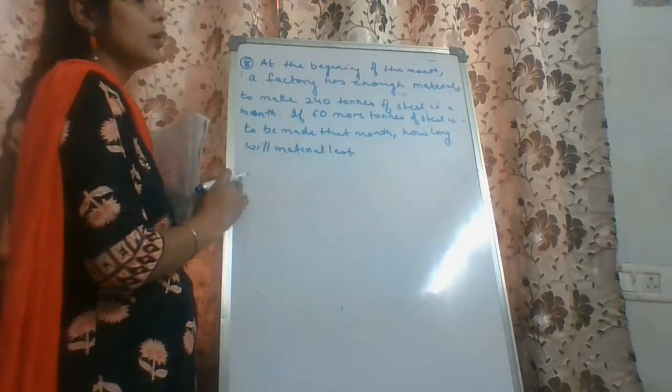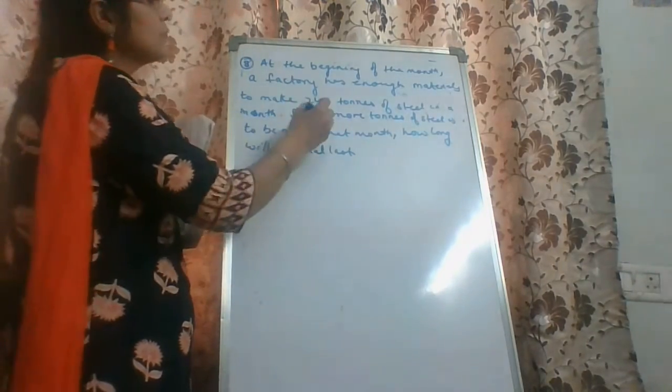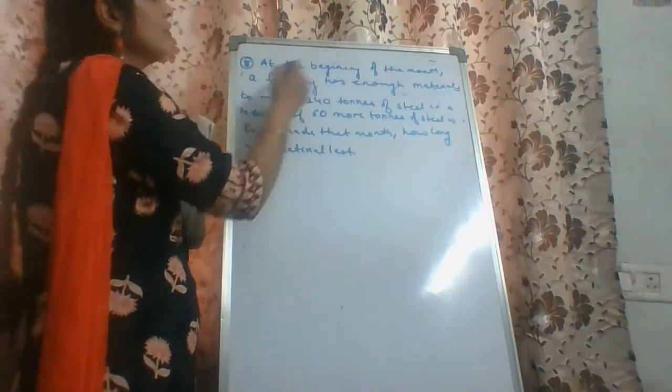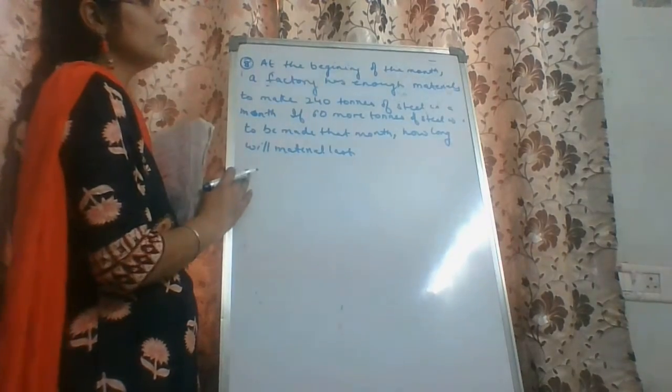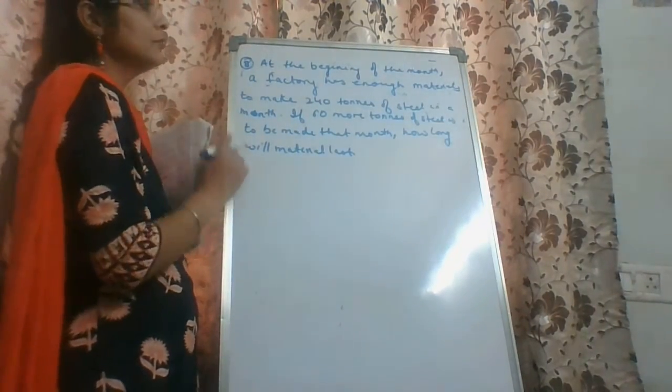240 tons of material of steel. See, at the beginning of a month, a factory has enough material to make 240 tons of steel in a month.